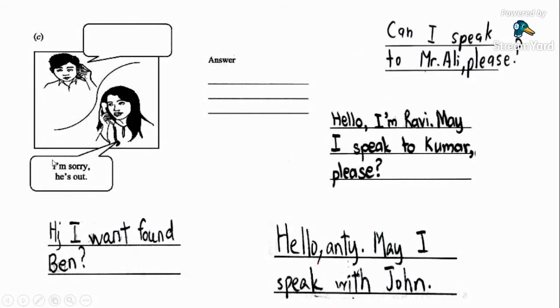Okay. As I said just now, convention of reading, top to bottom, left to right. So obviously this boy called and asked first and this person answered, "I'm sorry, he's out." Students, if you are listening, please pay attention to the pronouns used. He, she.